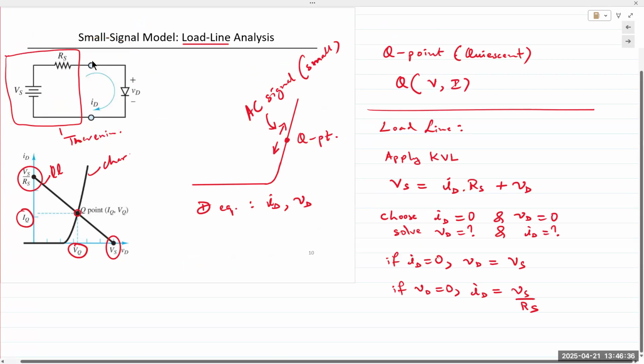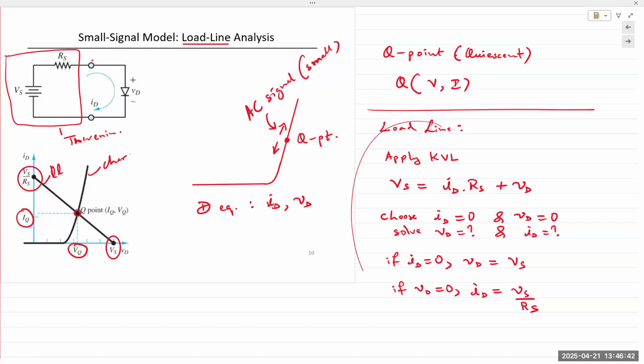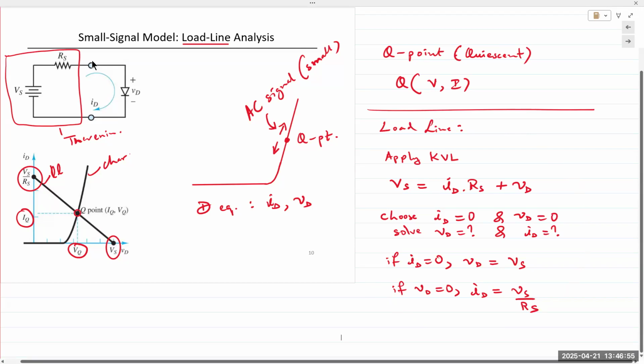And so that's what we did. We found the Thevenin equivalent circuit. And then the next step is the load line analysis. So the first half of the problem was determining the Thevenin resistance and Thevenin voltage, and the second part is applying the load line analysis.